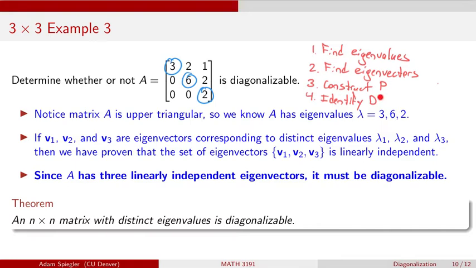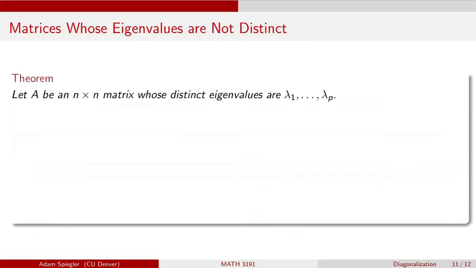Of course, if we want to construct this matrix P, then it would be important to find some eigenvectors for each of the eigenvalues. So we know that if an n by n matrix has n distinct eigenvalues, then it is definitely diagonalizable. For matrices whose eigenvalues are not all distinct, it's a little bit more complicated.